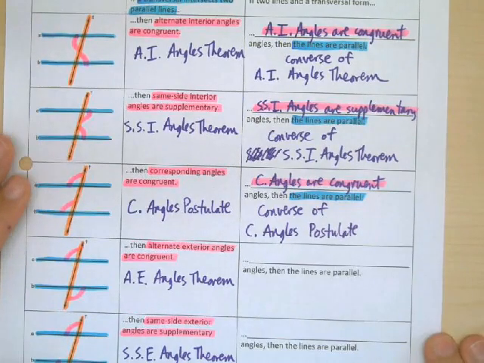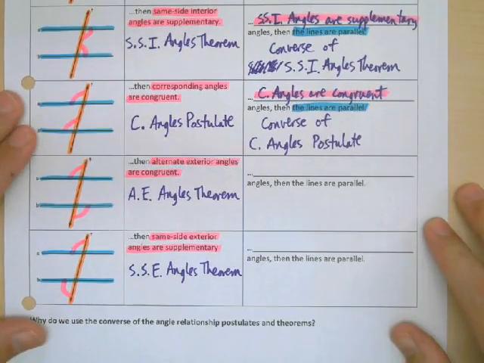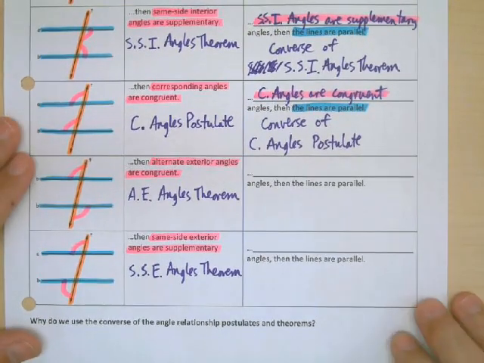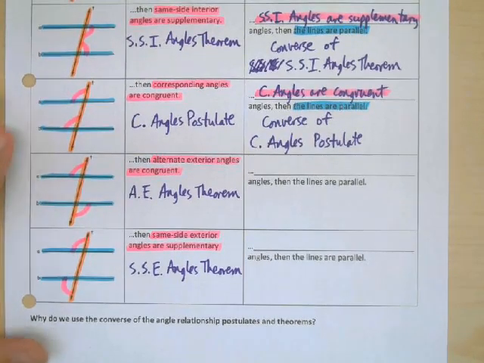And so I'm going to continue, as I've done, stating the angles first, ending with the parallel lines, and writing either the postulate or the theorem as the converse.